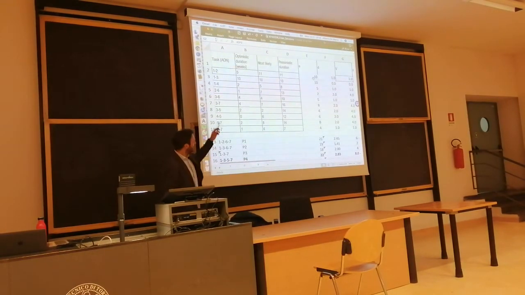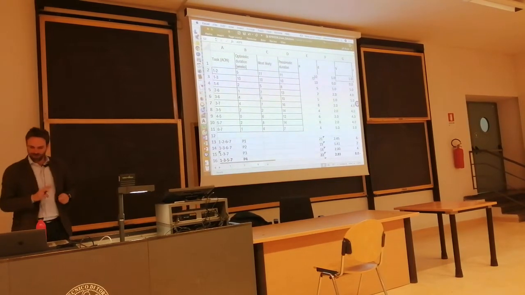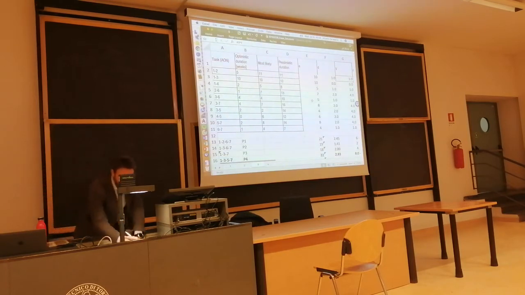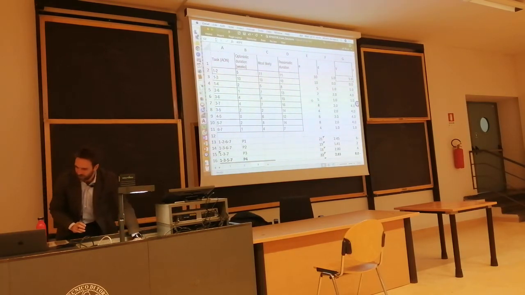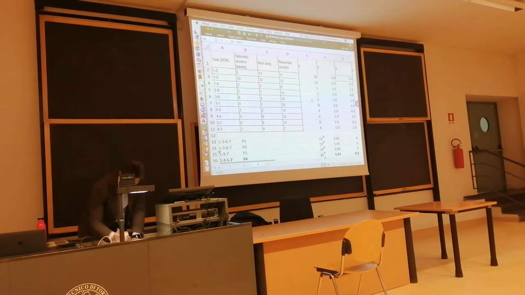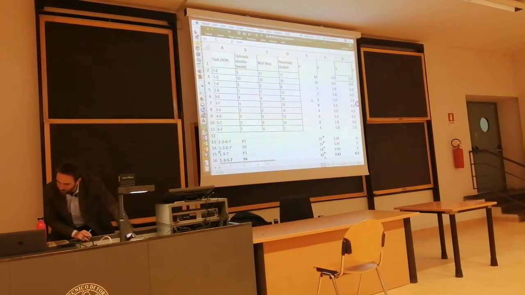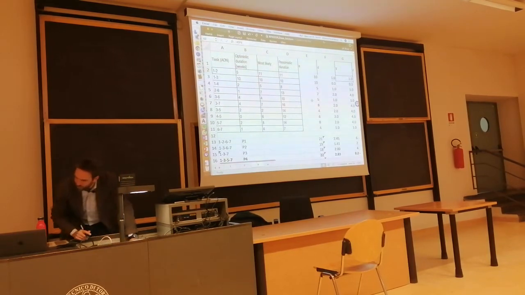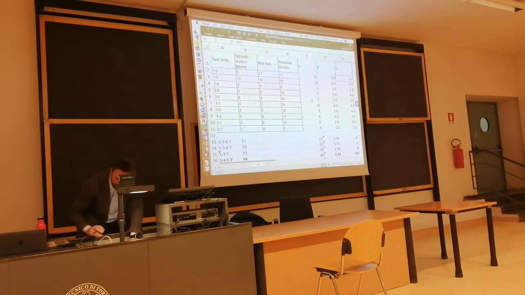Right? With all those figures in hand, I'm plotting the expected durations. 1-2 is 10, expected duration. 1-3 is 10. 1-4 is 5. 2-6 is 7. 3-6 is 5. 3 to 7 is 8. 3 to 5 is 4. 4 to 5 equals 6. 5 to 7 equals 8.